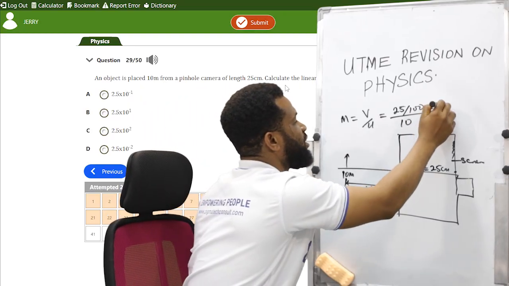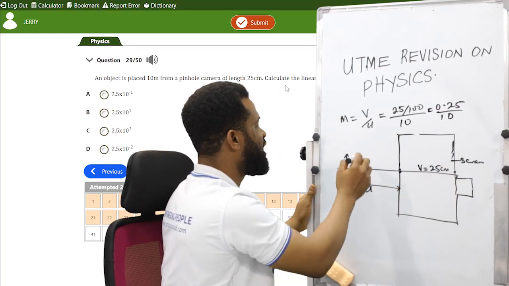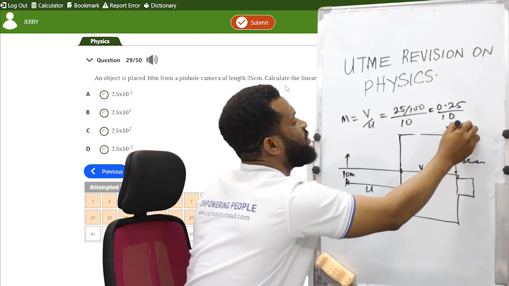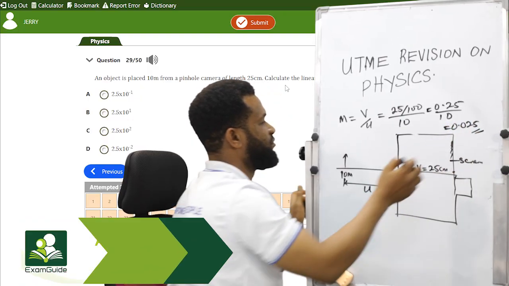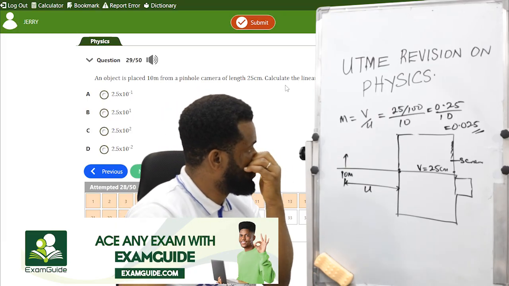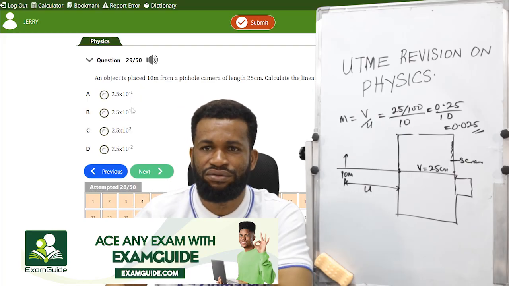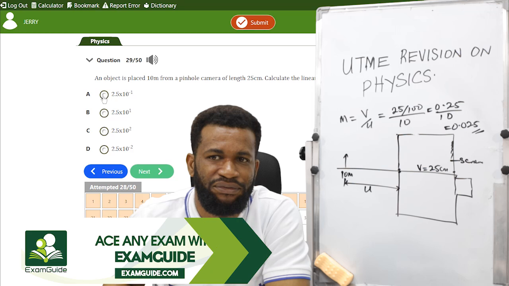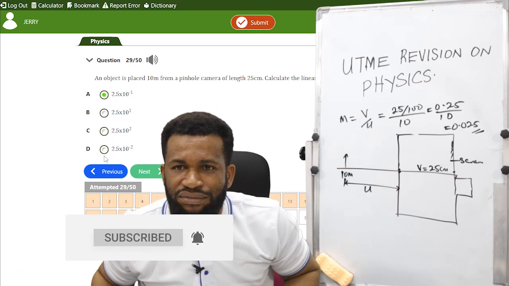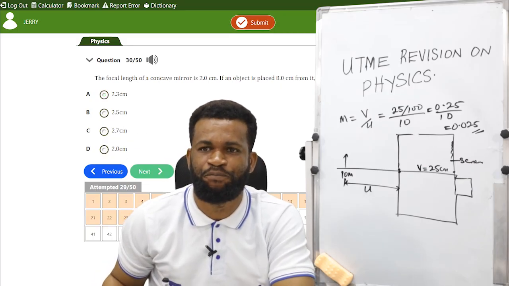Therefore, this is 0.25 over 10, and the magnification is 0.025, which is 2.5 times 10 raised to the power minus 2. So the option is D.